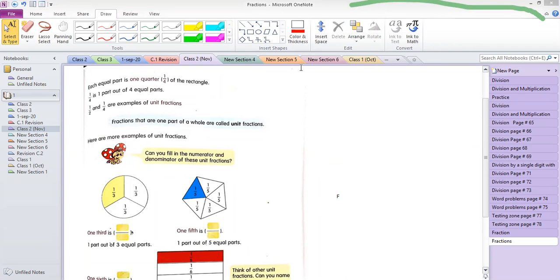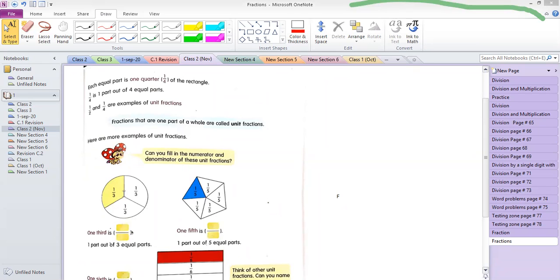Yes, how many total parts are there in this circle? Three. One, two, three. I am asking how many total parts are there in this circle.